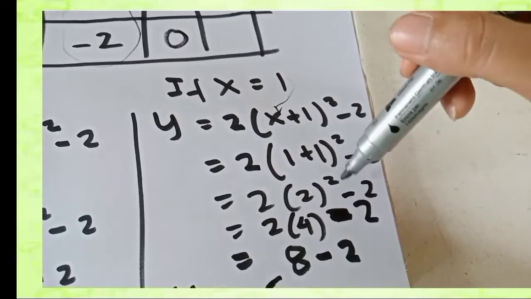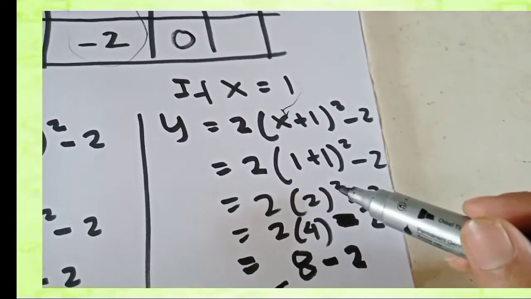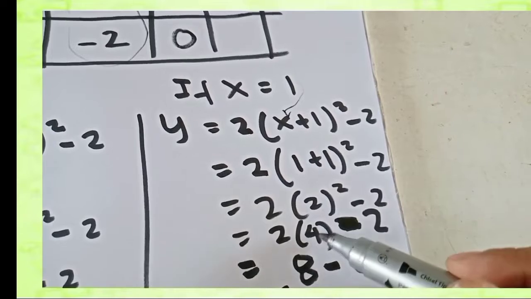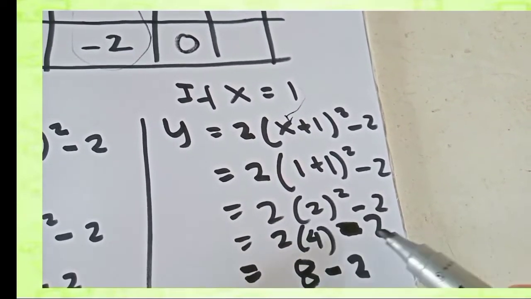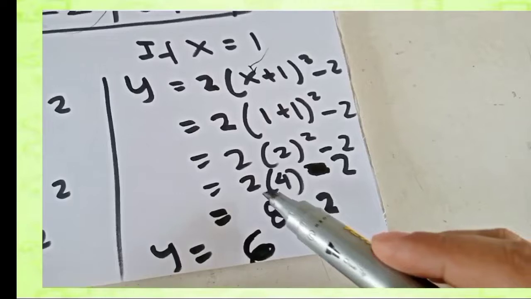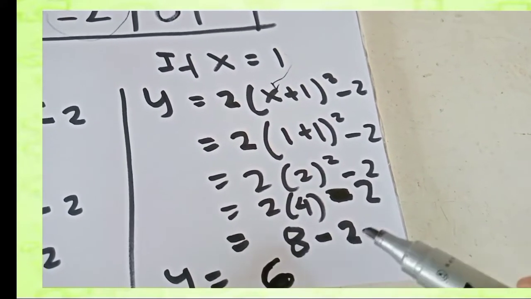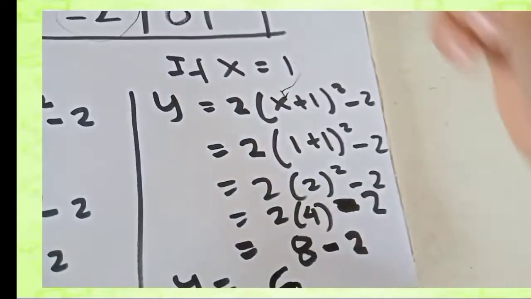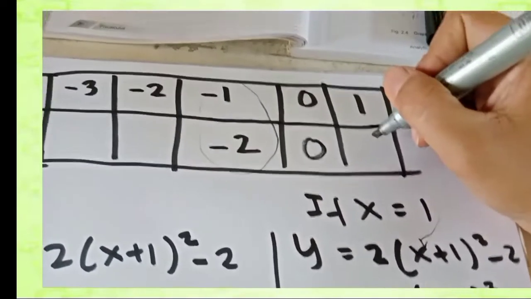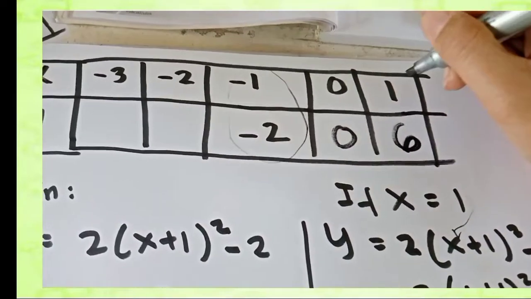Very good. Then, minus 2. 2 squared is equivalent to 2 times 2. That is equal to 4. So, copy 2, then 4 minus 2. 2 times 4, very good. That is 8 minus 2. 8 minus 2, we have 6. So, we will fill in the value of y. We have 6 if x is 1.